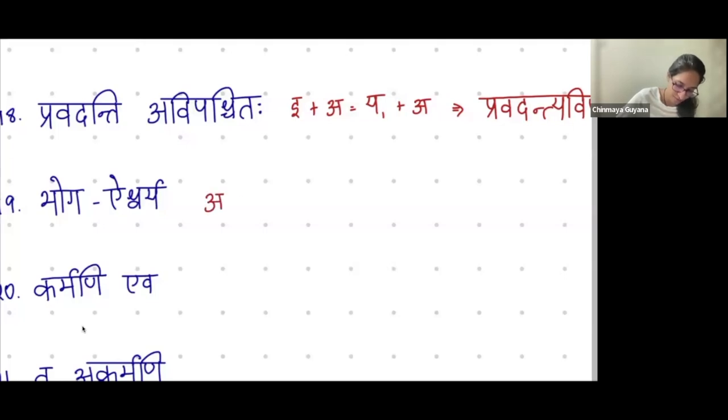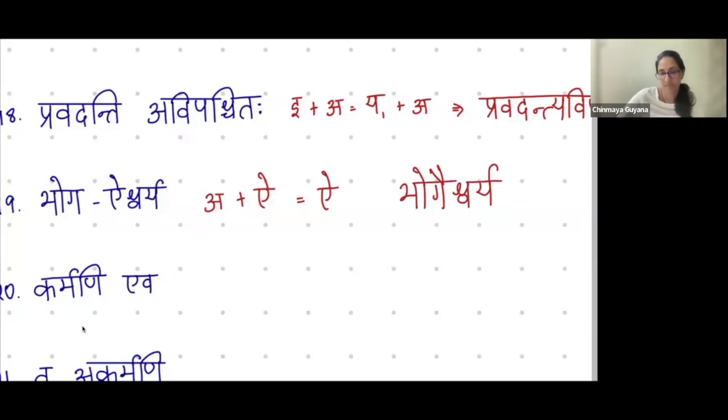A plus A is going to become A. A plus A is going to become A. And the answer is Bhogeshwar. Bhogeshwarya.